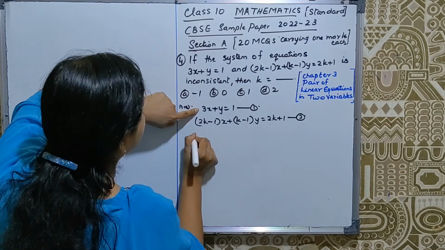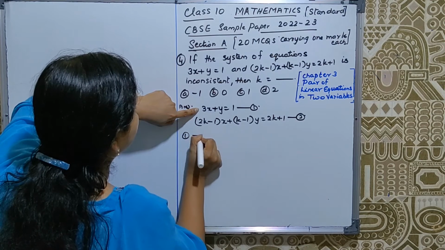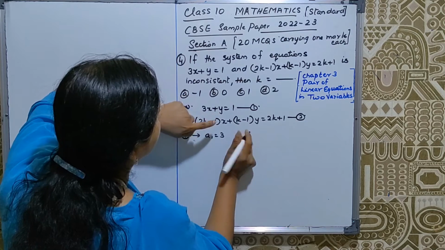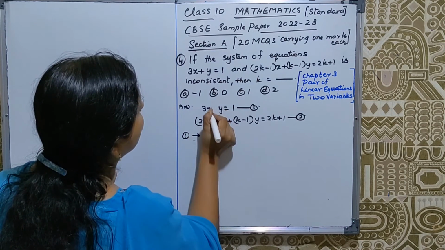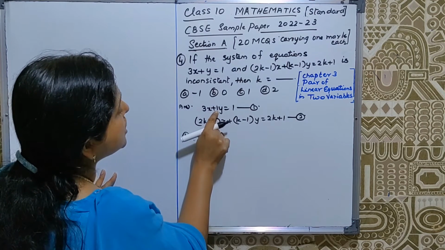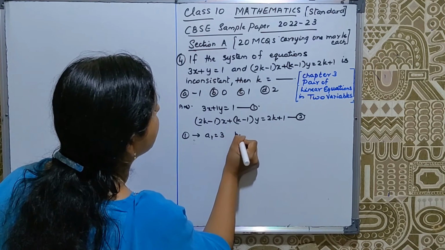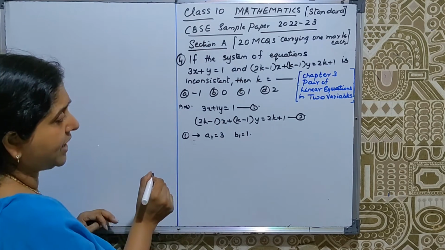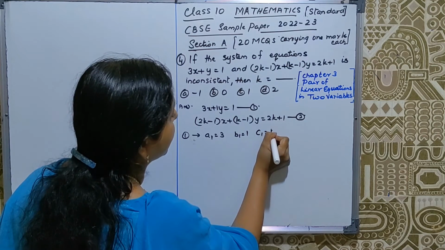So here we'll write what is A1. From equation 1, coefficient of x is A1 equal to 3. What is B1? If there is no number in front of y, we'll represent that as plus 1y. So coefficient of y is B1 equal to 1. And constant is the term without any x and y, that is constant C1 equal to 1.